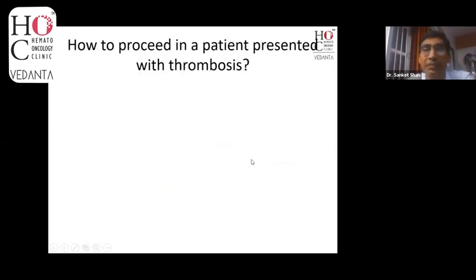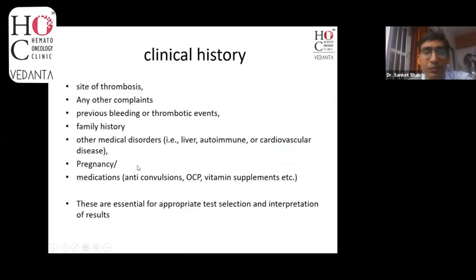So how to approach a patient presenting with a thrombosis? First, clinical history. You find out the site of thrombosis, whether there is any other complaint or not, and previous bleeding or thrombotic event, right? A previous thrombotic event makes him more susceptible. Family history of thrombosis, again, you have to take it.